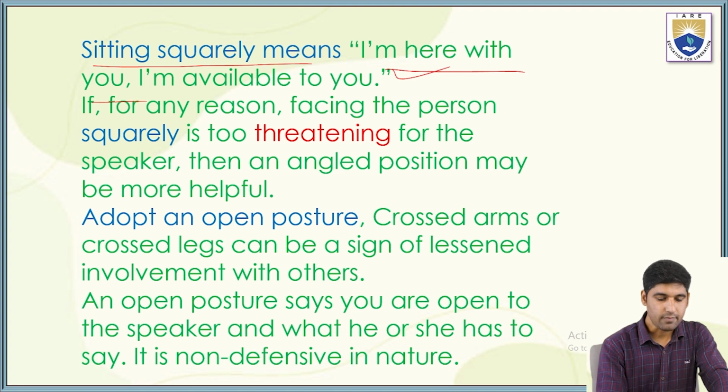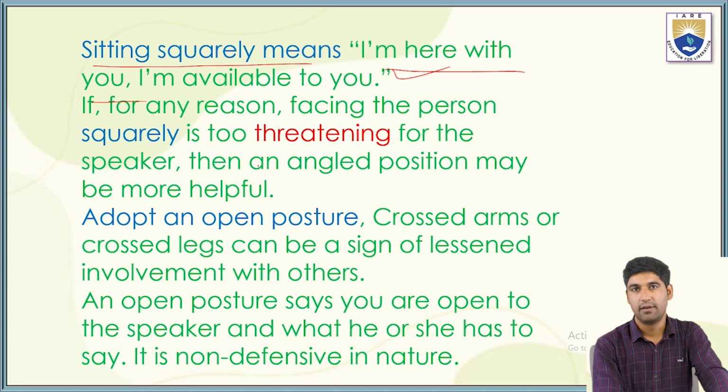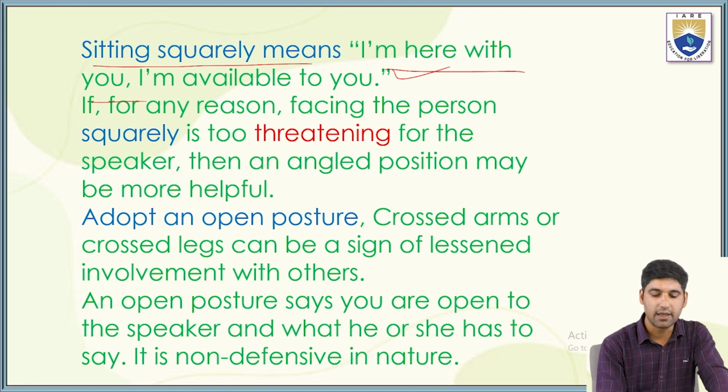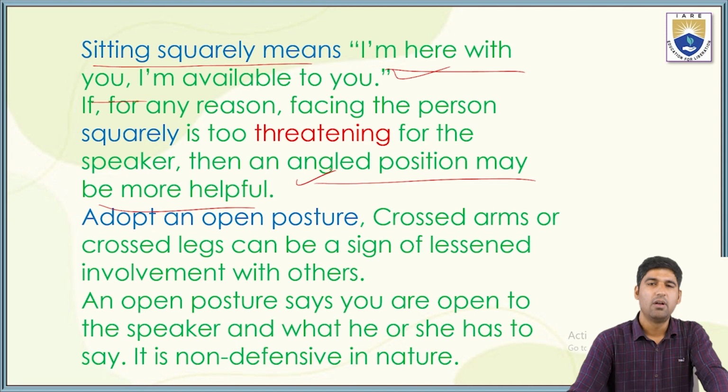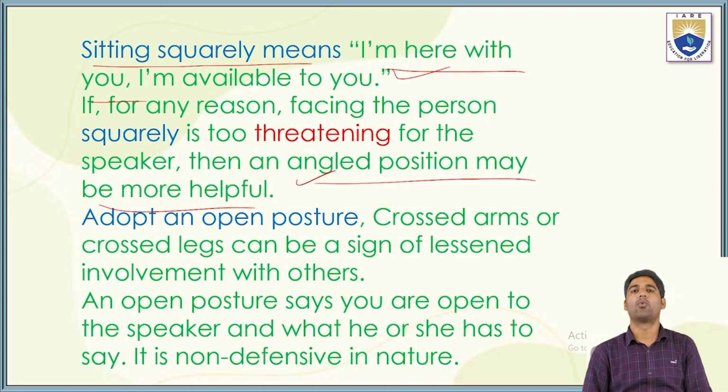Then, if for any reason facing the person squarely is too threatening for the speaker, then an angled position may be helpful. For certain reasons, to face a speaker while sitting squarely may be threatening or not good in certain situations, then it is better to go with the angled position. That would be more helpful.